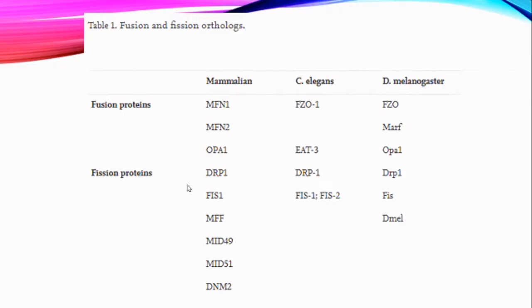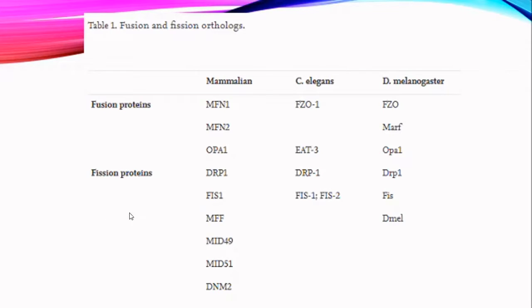While the fission proteins, in mammalian, we have here 1, 2, 3, 4, 5, 6 identified proteins for fission. Okay, fission means these are the proteins used to separate or divide mitochondria from 1 into 2 organelles.